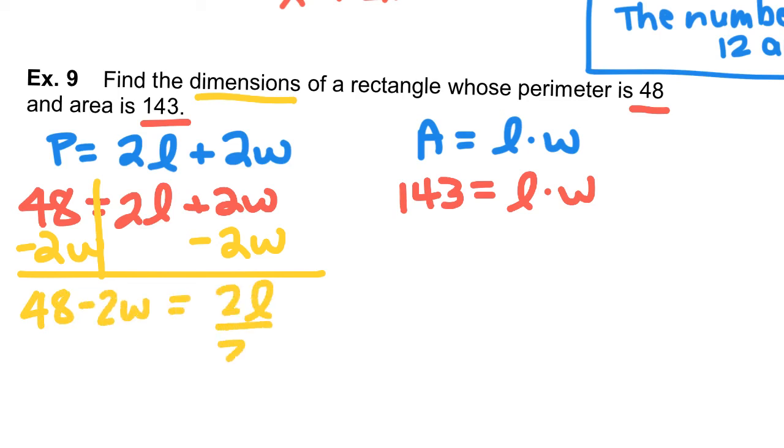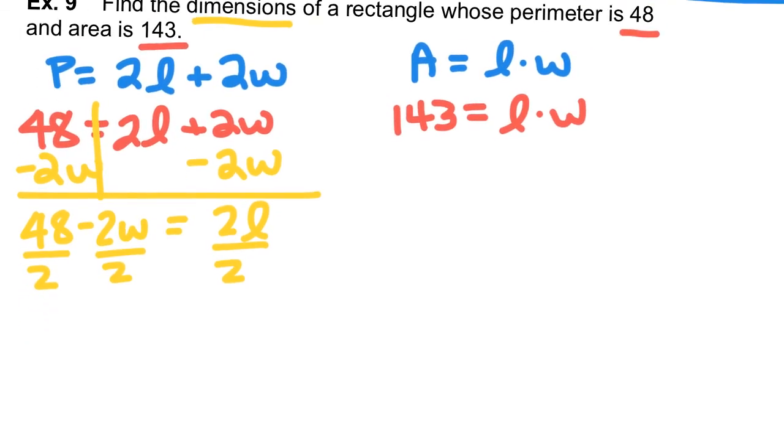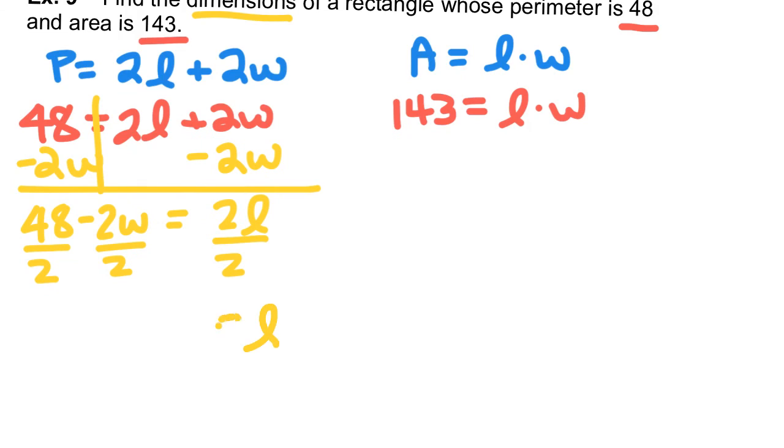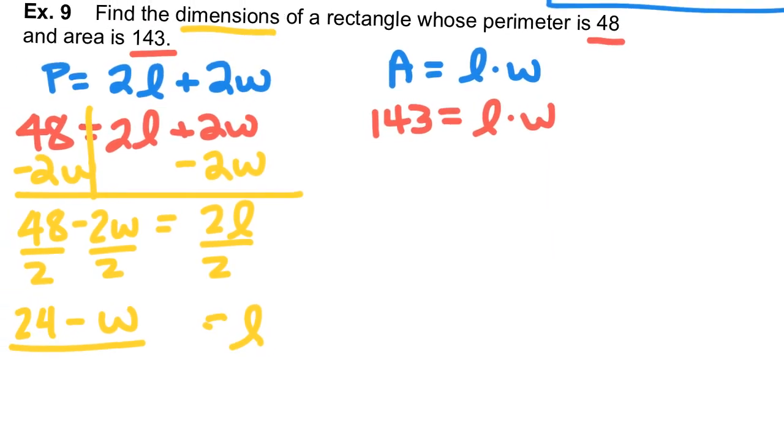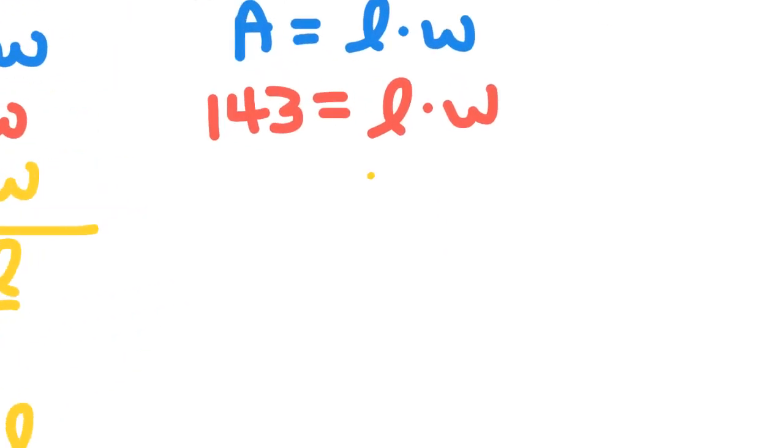And then I'll divide by 2 for each term to isolate the length. Now that I know my length is equal to 24 minus w, I will simply substitute that into my other equation.